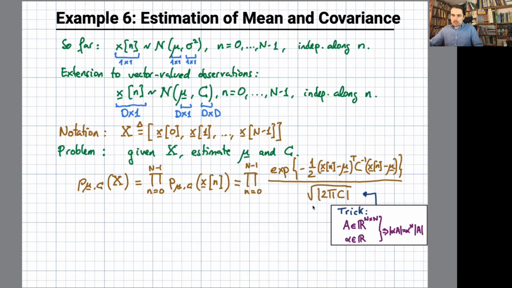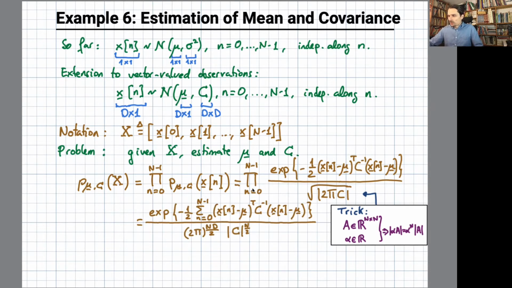So this is just a trick. You can do whatever you want. And now one can apply the properties of the exponential, right, to get this product inside as a summation, and also operate the denominator, which becomes this function here.